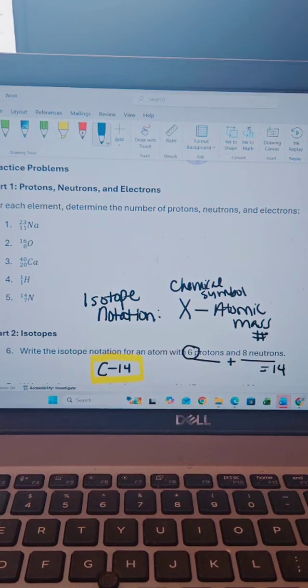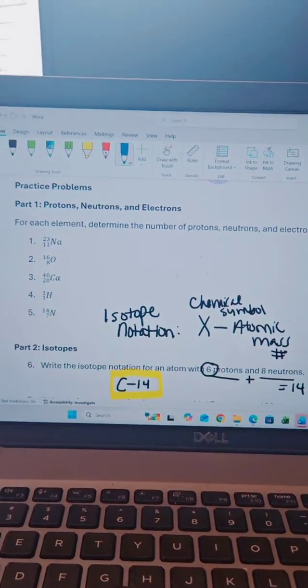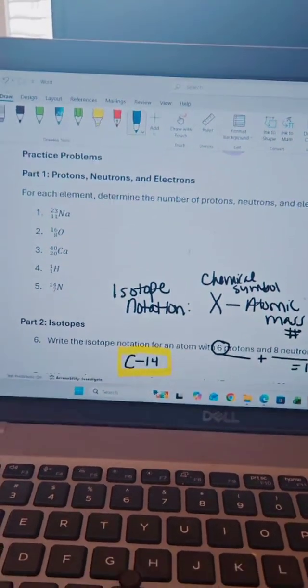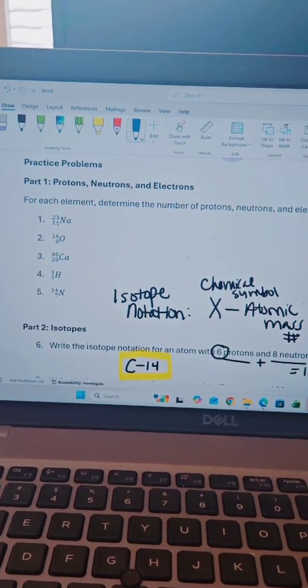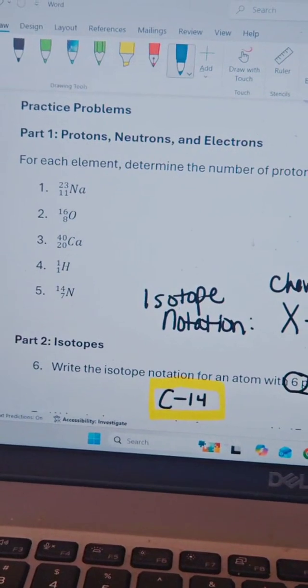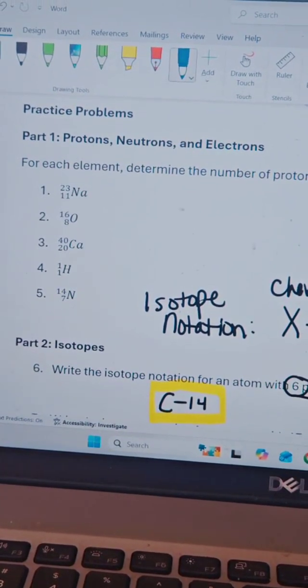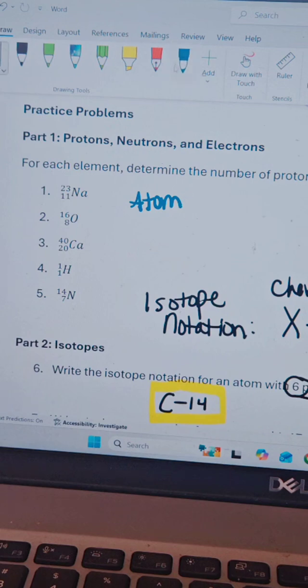Now, another type of notation here is what's called isotope atomic notation. Atomic notation simply means the two A's: the atomic mass number and the atomic number. Atomic mass number. And on the bottom is the atomic number.